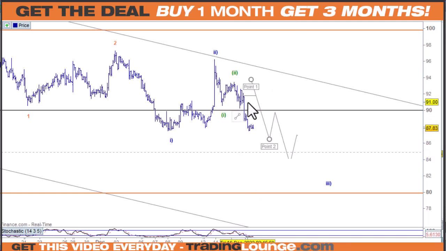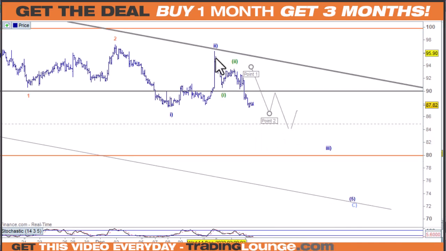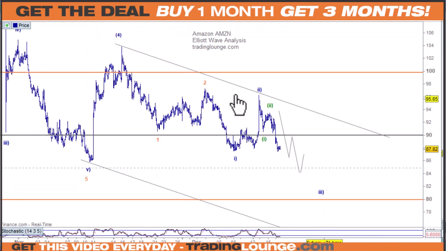You could probably get it a bit closer, 91.57 or something might be a bit better. Okay, anyway, I've said my piece there. There will be a bounce off here. I'll just give this a little bit more thought, but we're coming down a lot further because if you know Elliott, then we've got 1 and 2 and 1 and 2, you know, so this is probably just 1 and 2 here, you know.